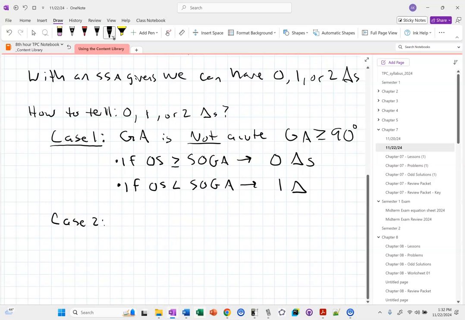So the other case is when the given angle is acute. That is when it's less than 90 degrees.